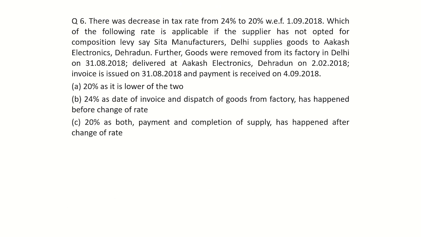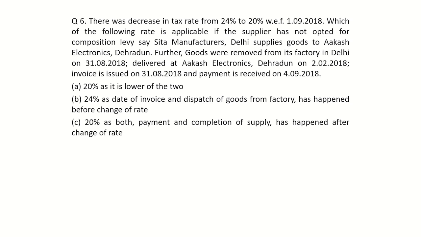There was a decrease in tax rate from 24% to 20% with effect from 1/9/2018. Which of the following rates is applicable if the supplier has not opted for composition levy? Say there is a manufacturer called Sita Manufacturers in Delhi who supplies goods to Akash Electronics in Dehradun. This is an interstate supply.